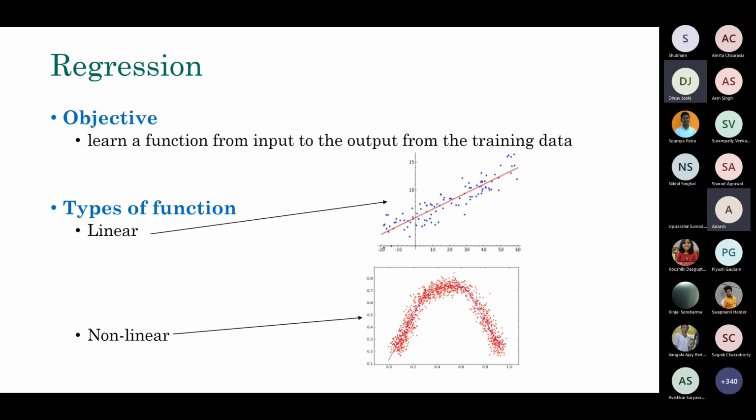As you can see from this figure, a linear function means basically a straight line, plane, hyperplane, and so on. For a non-linear function, if you increase the degree of the polynomial, you are going to get curves of different natures: a non-smooth curve, a quadratic curve, a sine curve, and all kinds of stuff. So these are all non-linear regression. It is essentially distinguished by the nature of the function that you are modeling.